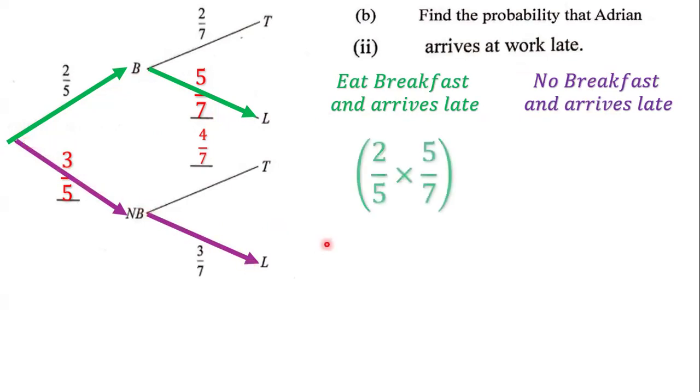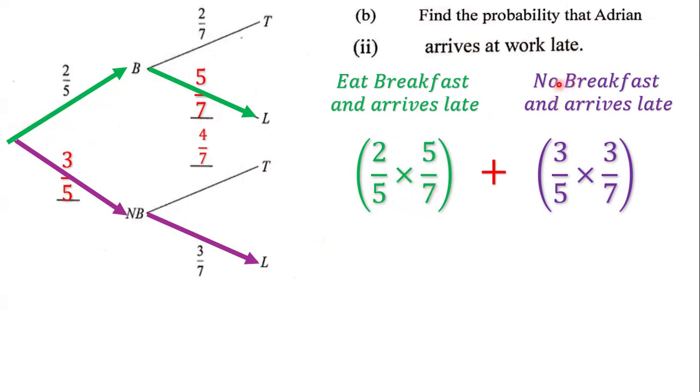And since it's or, since there are 2 ways, we're going to add. So the probability that he eats breakfast and arrives late, so eat breakfast, 2 over 5, and arrive late, 5 over 7. We multiply those two. The probability that he eats breakfast and arrives late is 2 over 5 multiplied by 5 over 7.